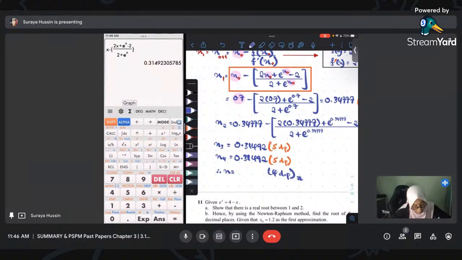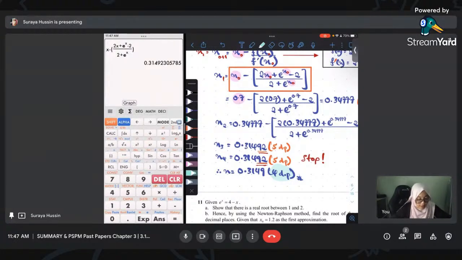So, kalau kita dah berjumpa dengan same answer, hujung dia sama, kita boleh stop. Now you can stop. Finally, you got the same answer for dua yang hujung. You can stop and then you tulis jawapan akhir which is 0.3149 which is in 4 decimal places yang dia minta dalam soalan.